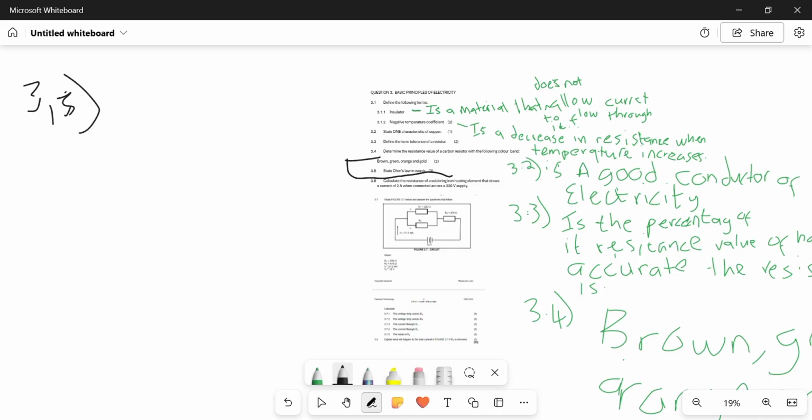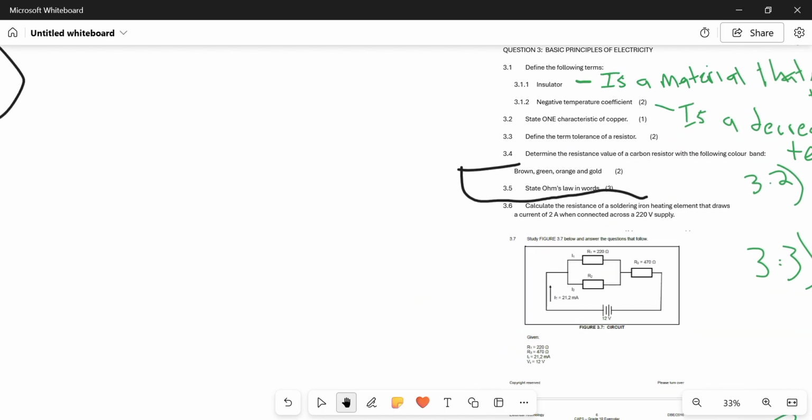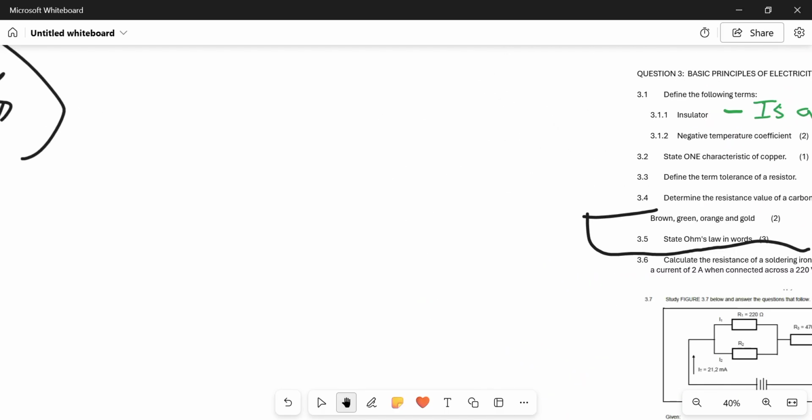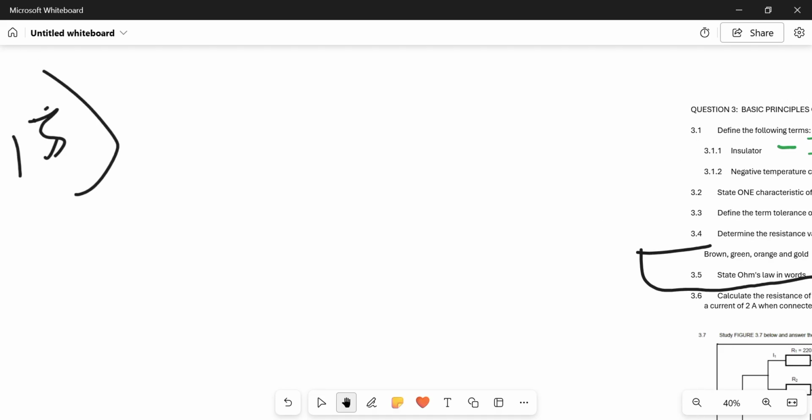Ohm's law is, let me zoom so that my handwriting can be short and simple. Ohm's law is, why isn't it writing? Sorry.